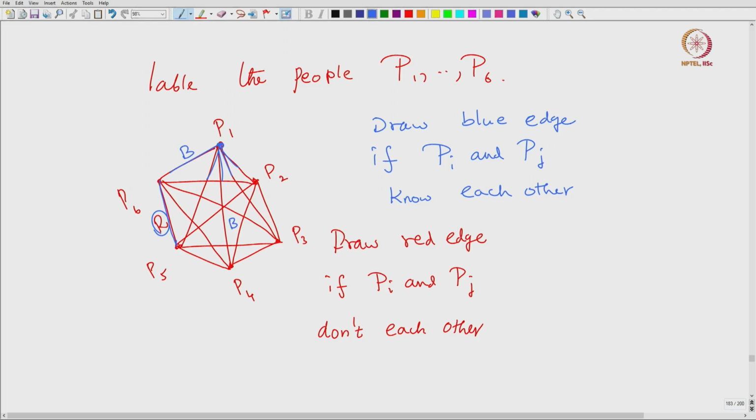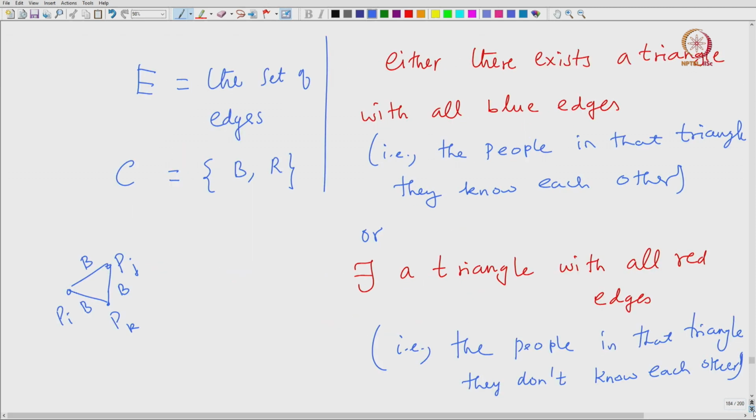So, how do we actually guarantee that? You have this function from the edges to the colors C. Now, you can restrict this function only to the edges that come out of this P1.